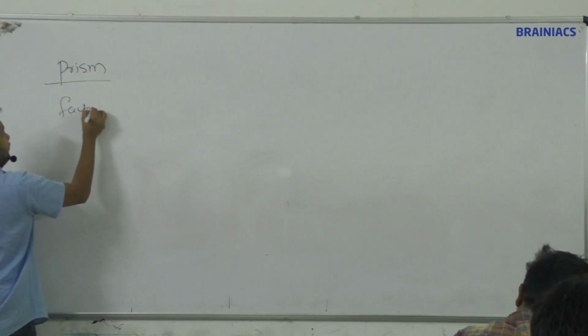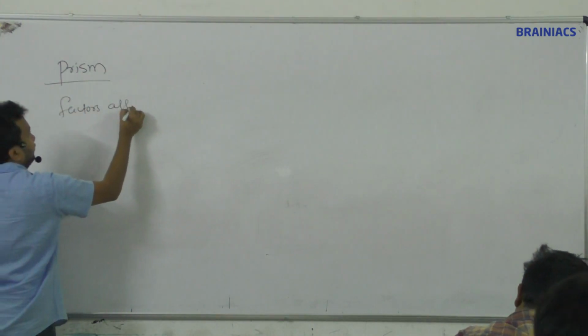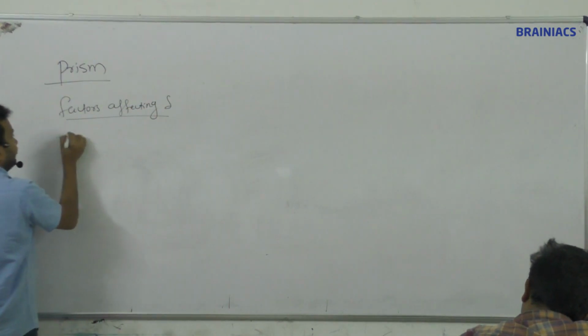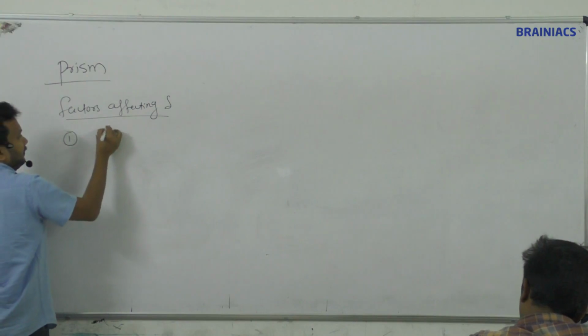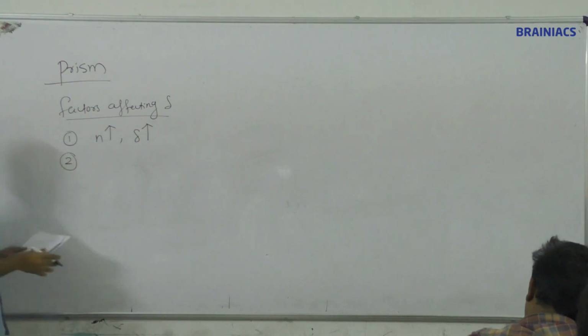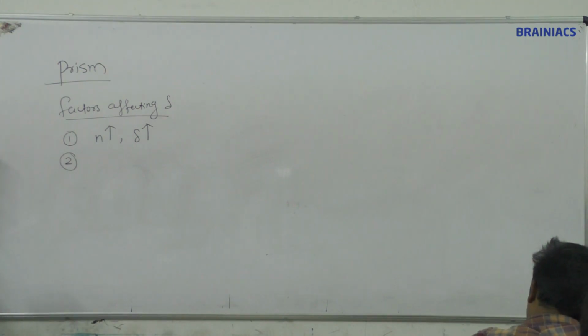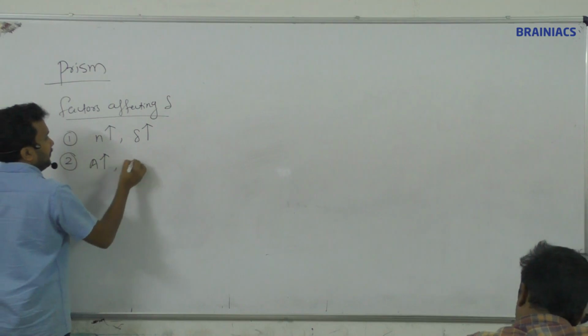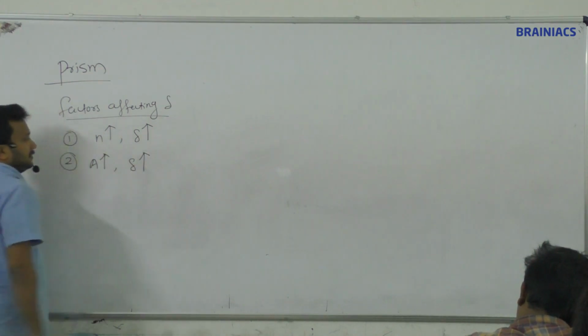Factors affecting delta. Number two: when the angle of prism increases, delta increases.